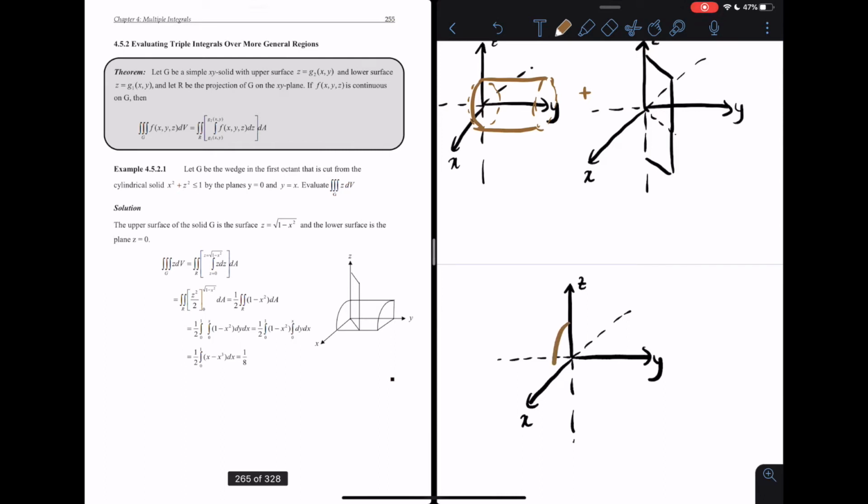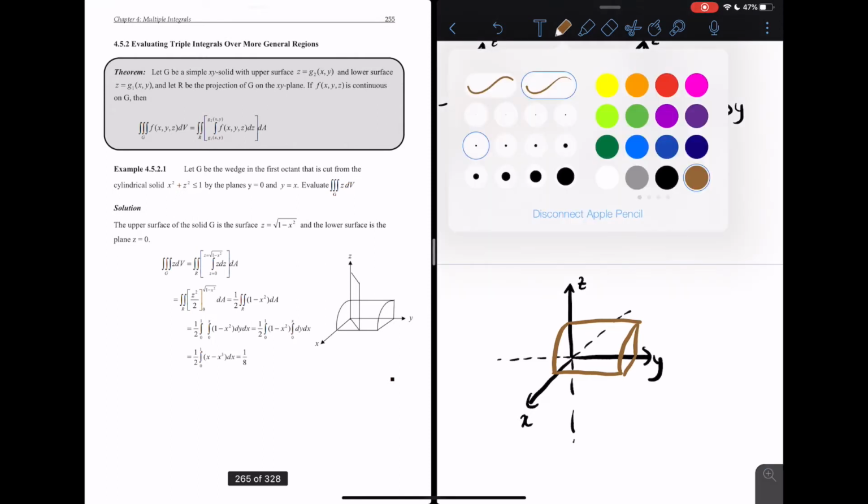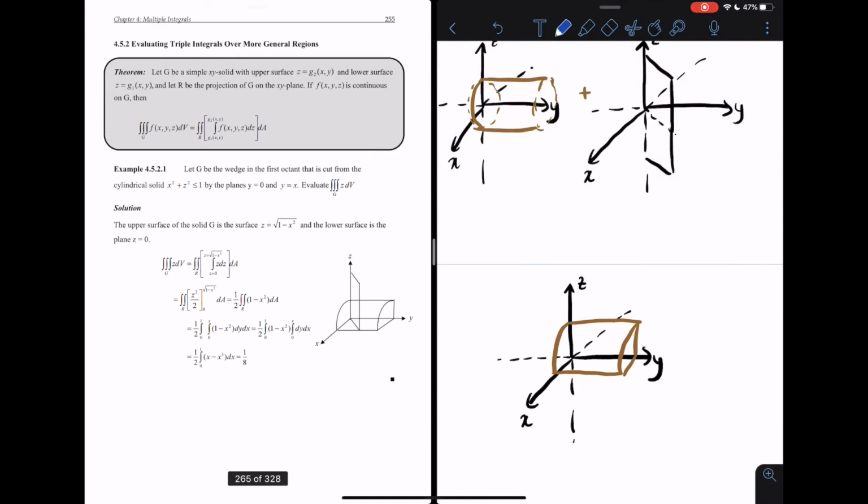So when we restrict our circular cylinder to the first octant, we will have this type of shape. And then we will add another surface, which is a plane.